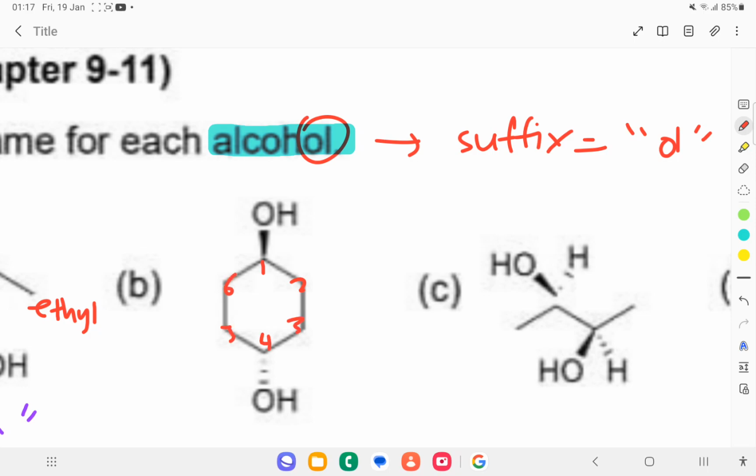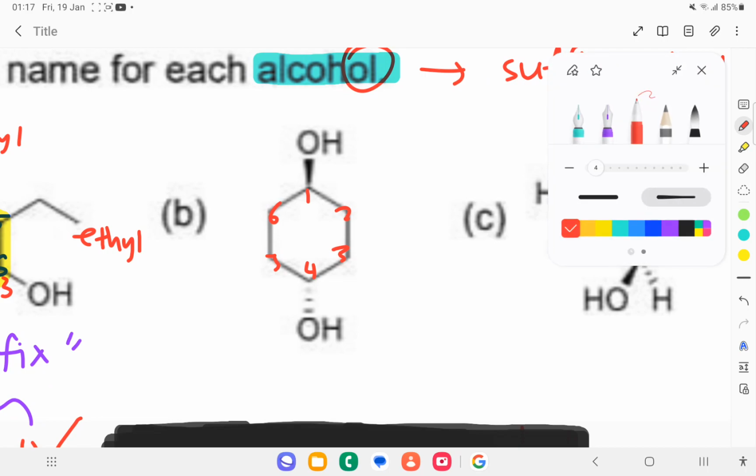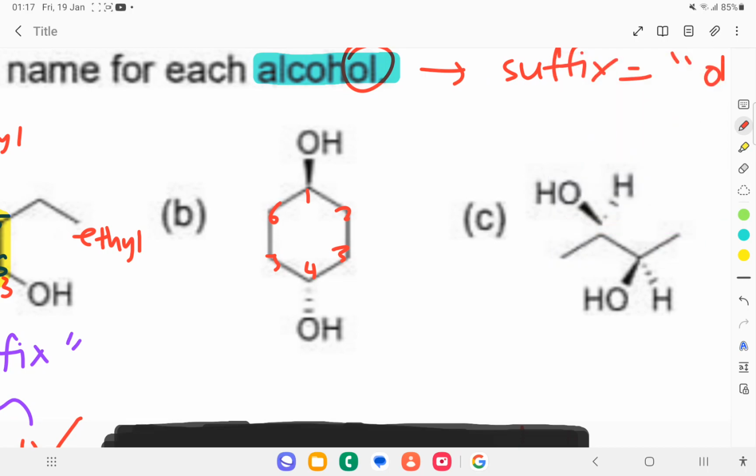So this is a 6-membered ring, a 6 carbon ring, cyclo. So OH is located at the first carbon and the fourth carbon. Same goes if you start this as the first carbon, second, third, fourth, you get the same thing. And because this compound for question B is composed of an up carbon and a down carbon, the stereochemistry is a trans compound.